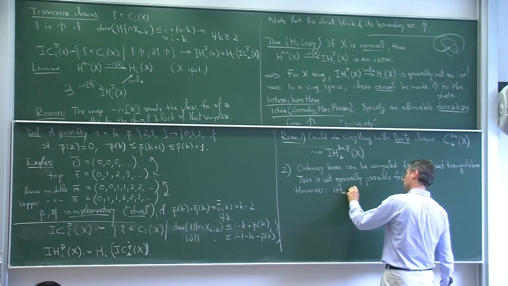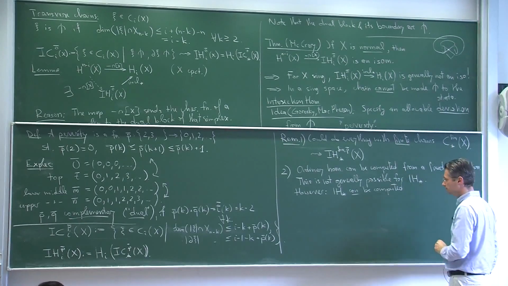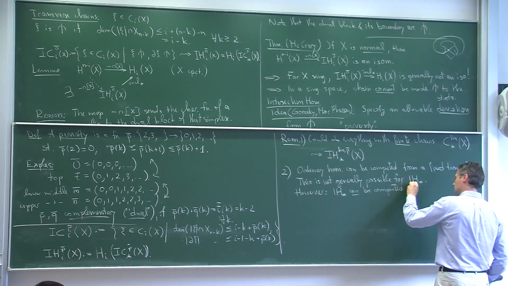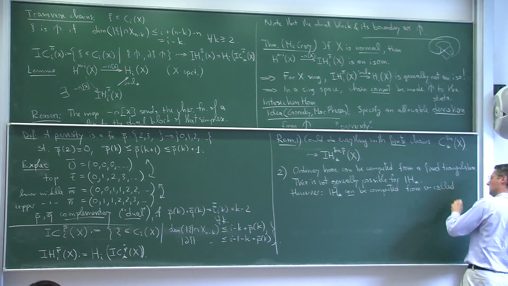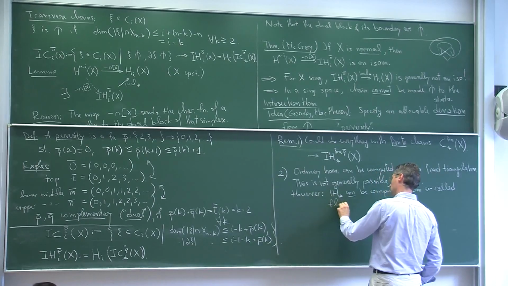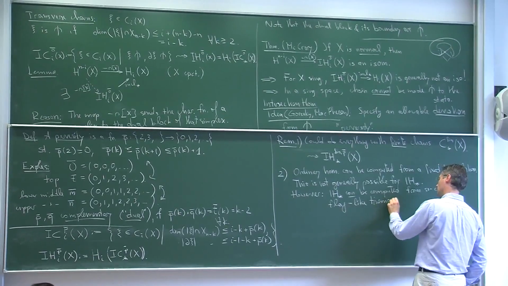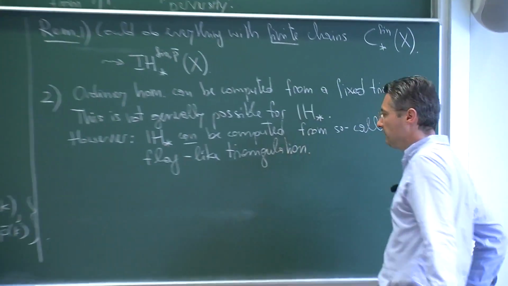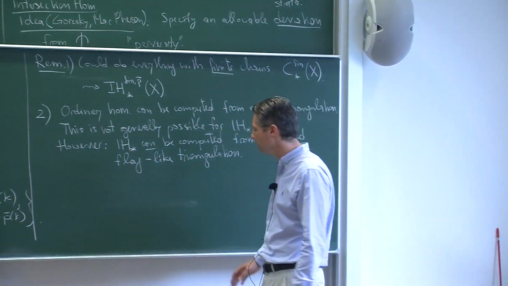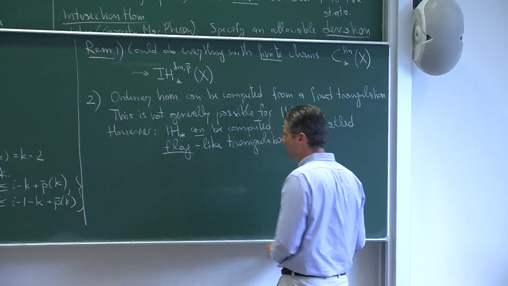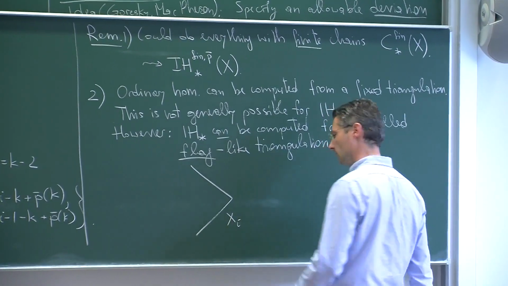It can be computed from so-called flag-like triangulations. So if your triangulation satisfies a specific condition, then you can use a fixed triangulation to compute intersection homology. And flag-like means that, so suppose this is a stratum, Xi.